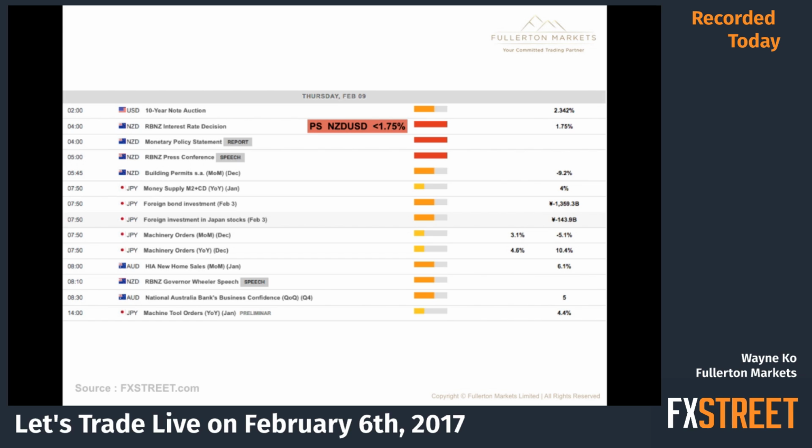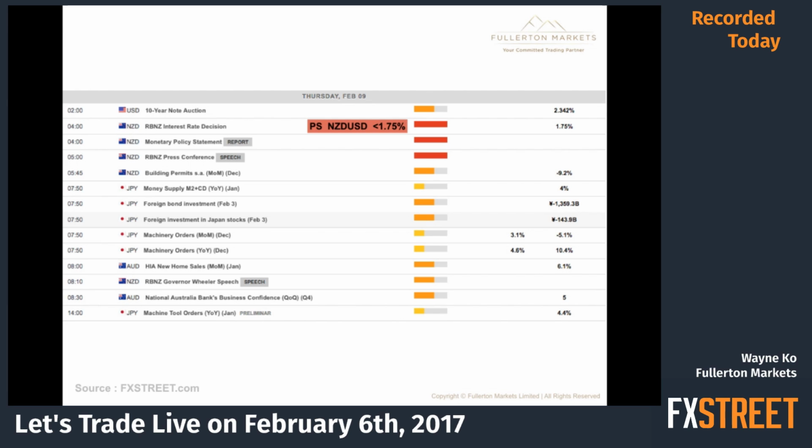But a trade suggestion here again is a pending short on Kiwi dollar if the actual interest rate is less than 1.75, meaning they surprise again by cutting the interest rate. If they do a surprise rate cut, it's possible to see the Kiwi dollar fall quite a fair bit to take the pending short for a nice profit. So that's the expectation.